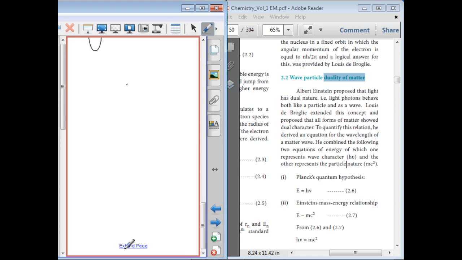Next, proton. Proton has a mass. Already you know, proton is a particle. Then how to calculate the energy of the proton? The famous Einstein equation, E equals mc squared. Then photon.